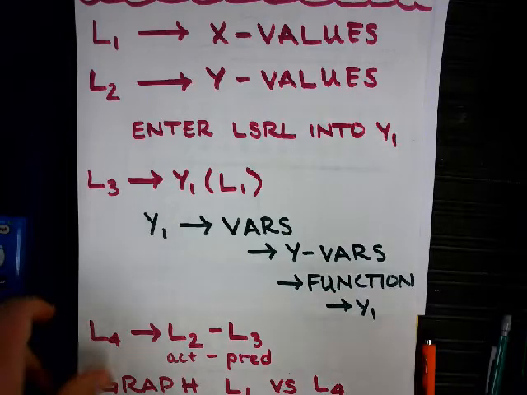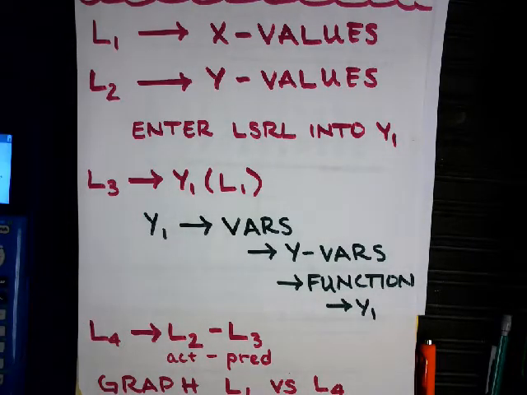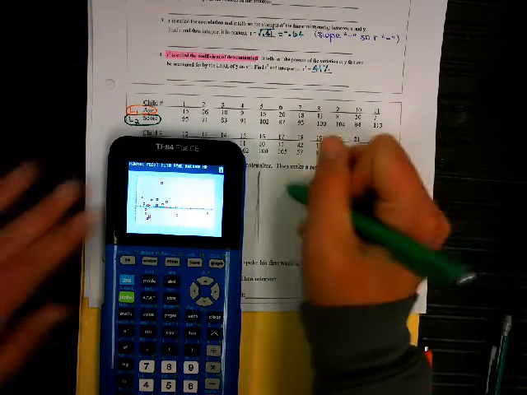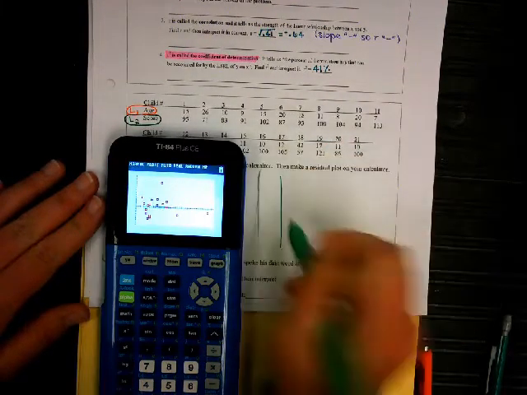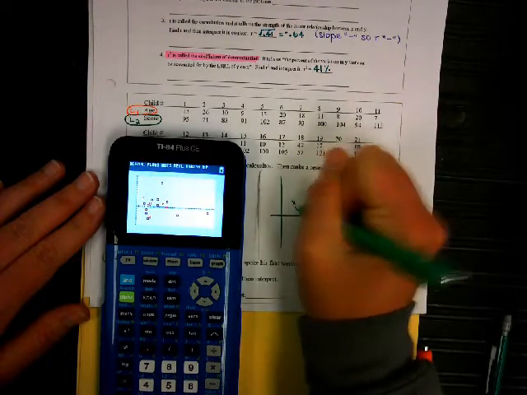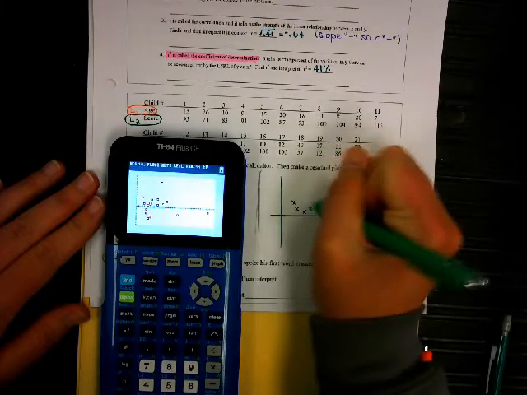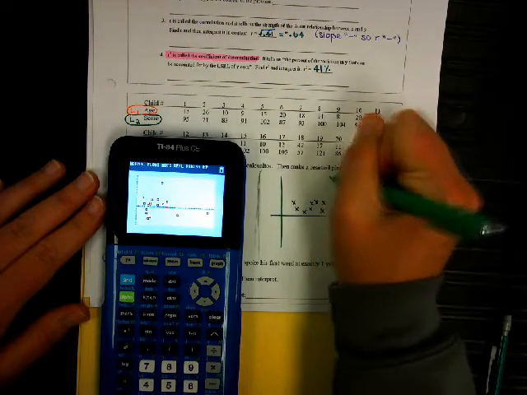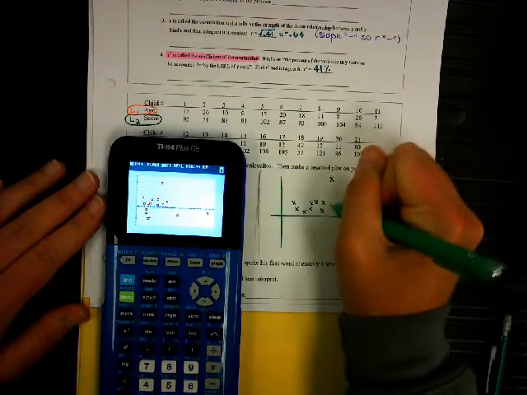Your residual plot should hopefully look something like that. Wait, what? Wait a minute. I don't know what I did. All right. If it doesn't look like this, let's take a look for a minute. Mine looks linear.